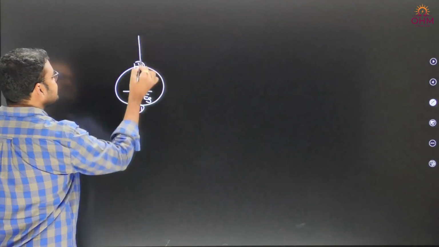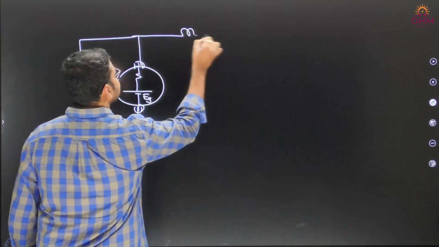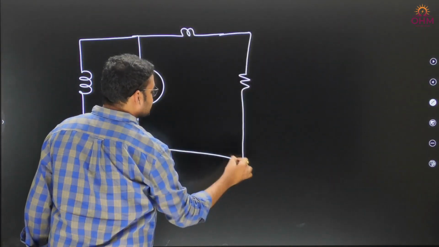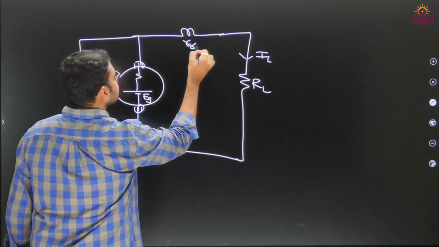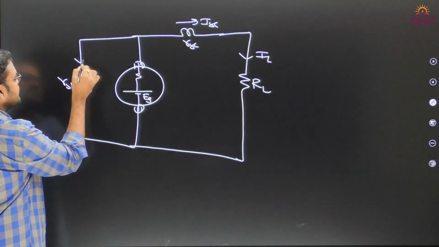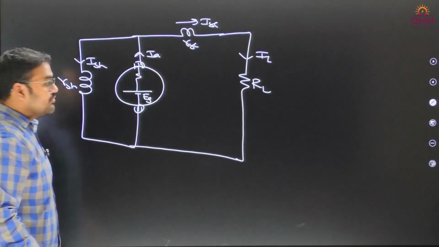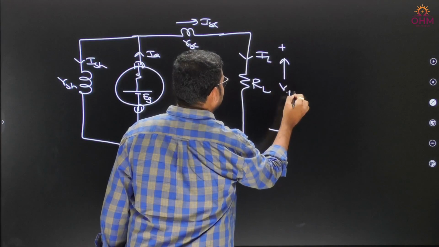Short shunt means first the shunt field winding will be connected and later the series winding will be connected like this, and finally we have the load branch here. This is load current, this is series resistance, series current, this is shunt resistance, and this is shunt current, this is armature current. Now voltage across the load is what we call terminal voltage.